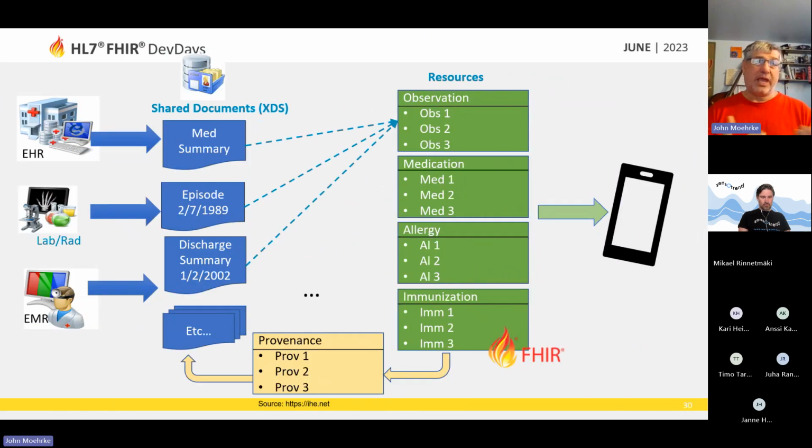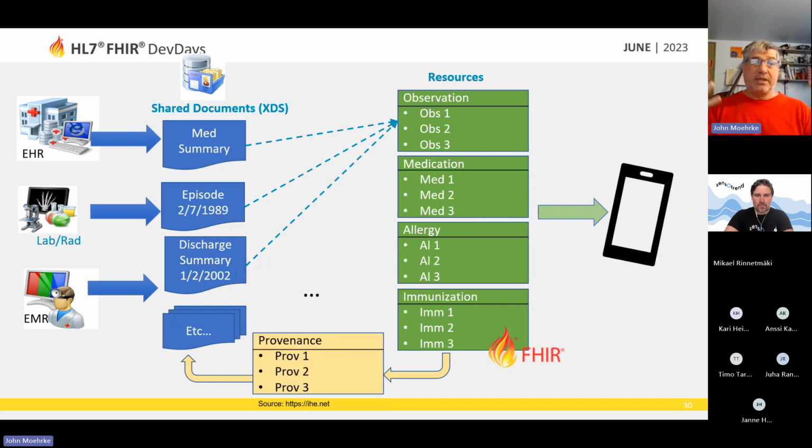And then there's one other capability here. Within blue are documents. This is the document exchange I've been talking about. You have medical summaries, episodes, discharge summaries, those kinds of things. These are independent documents. On the far right, you have some client that wants to use QEDM to receive observations and medications and allergies and immunizations.